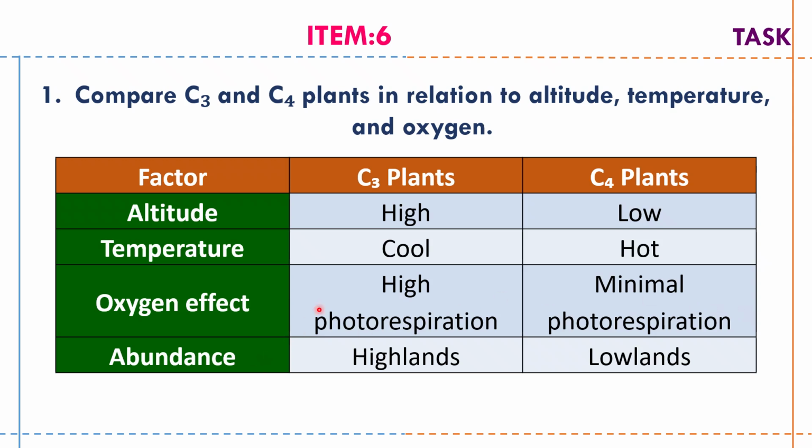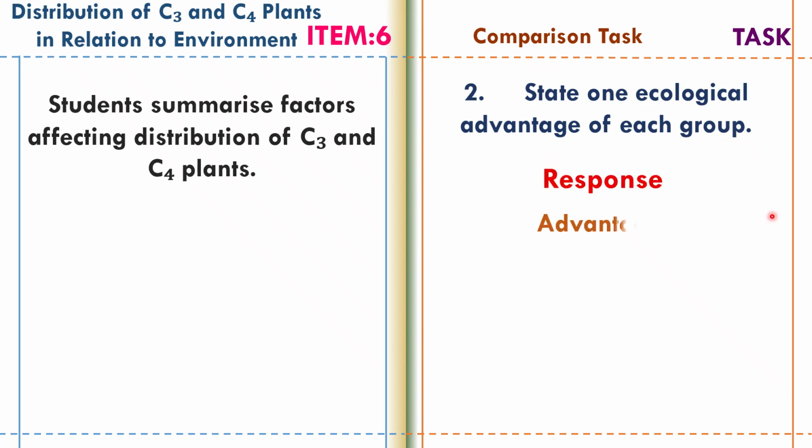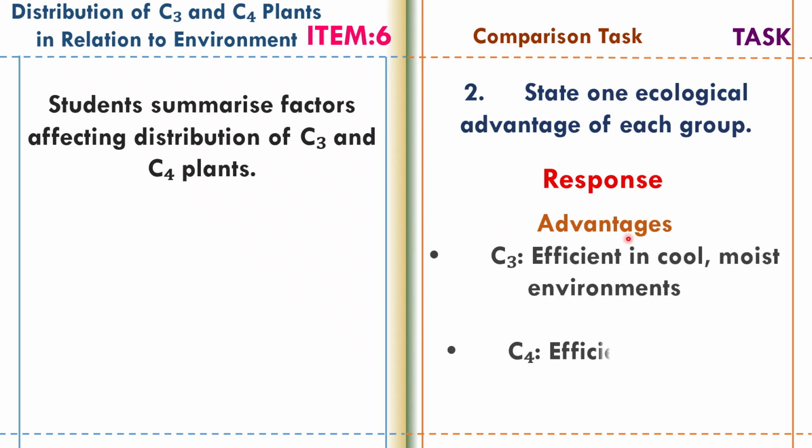Abundance: C3 are abundant in highlands and C4 abundant in lowlands. State one ecological advantage of each group. Advantage: C3 are efficient in cool, moist environment, and C4 are more efficient in hot and dry environment.